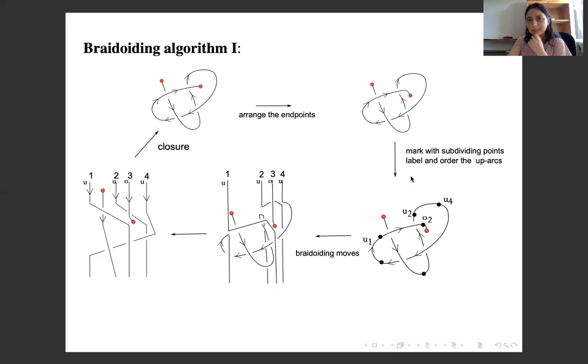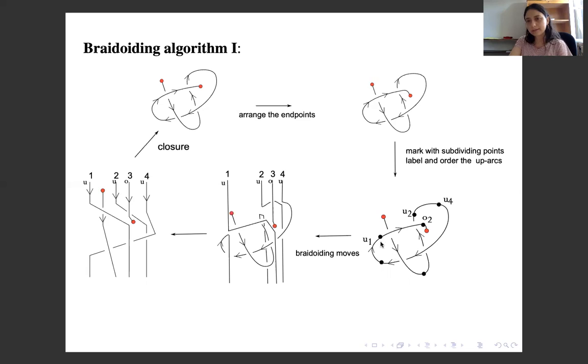So we just put dots on the local maxima and minima of the resulting diagram. We put the subdividing points at the local maxima and minima, and if we see some up arcs containing different types of crossings, over and under both, we make further subdivision to make up arcs contain just one type of crossing.